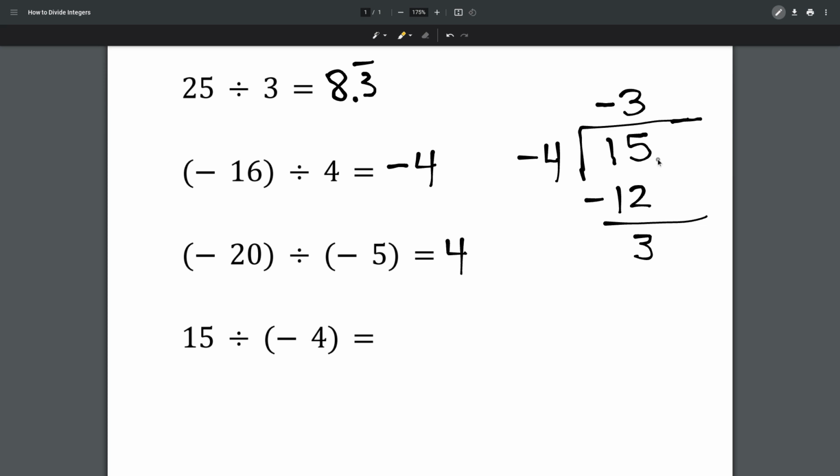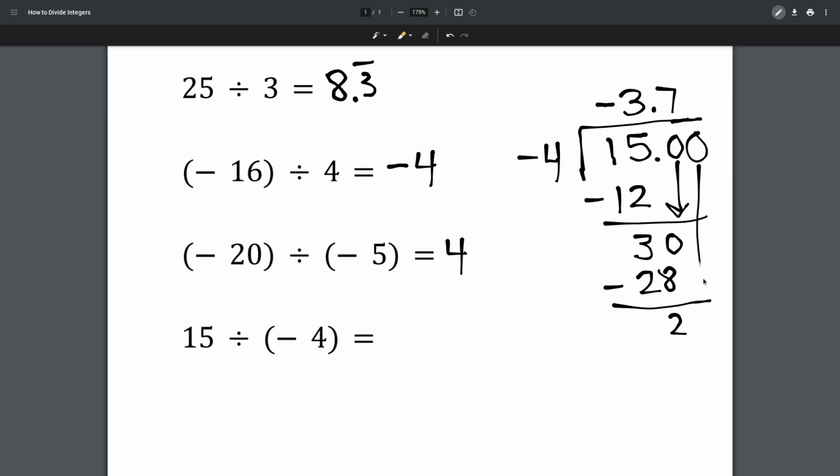We're going to put our decimal point here, add a 0, and bring it down. How many times does 4 go into 30? Well, it goes 7 times. 7 times 4 is 28. We'll subtract that off. We get a 2.